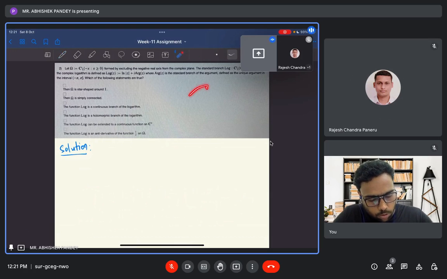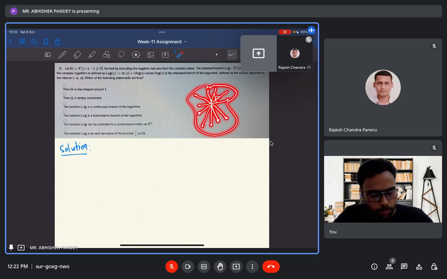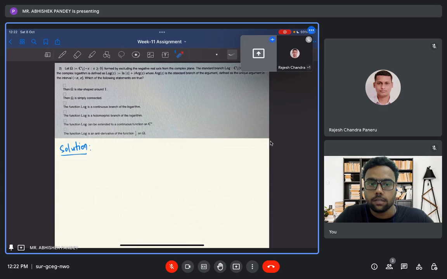Basically any domain is said to be star shaped if there exists a point P such that every other point of that domain can be joined to P by a straight line. Is it clear? Yes, sir.